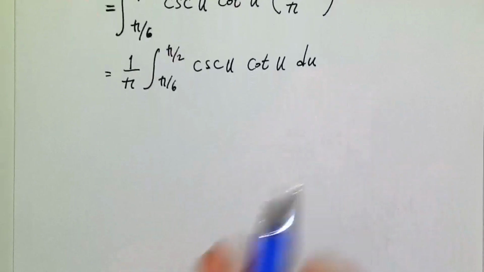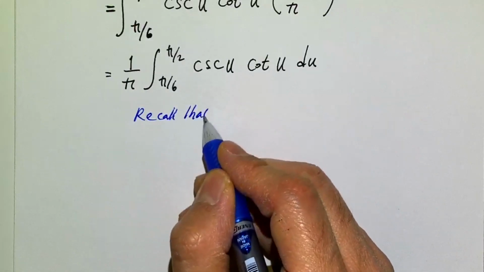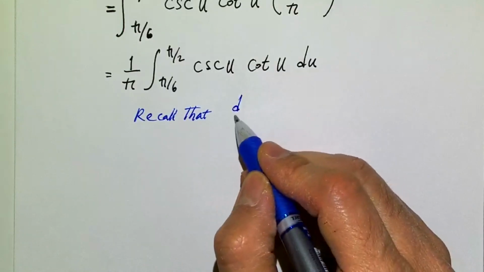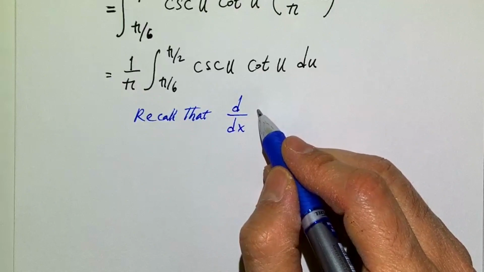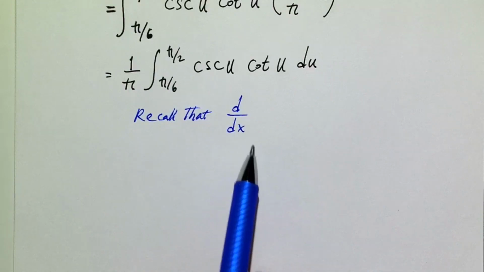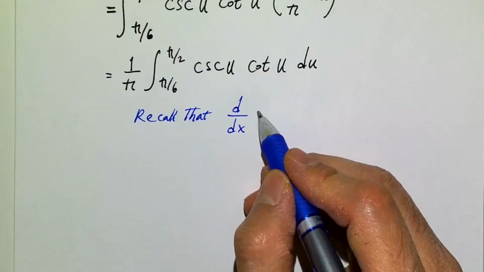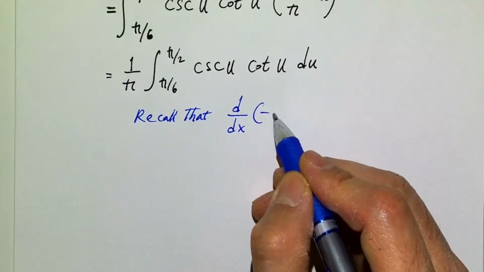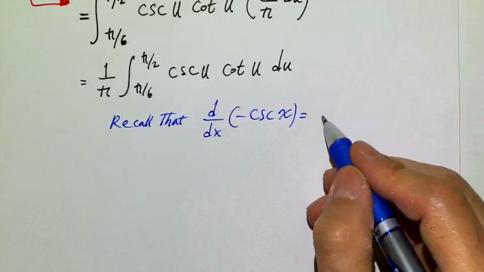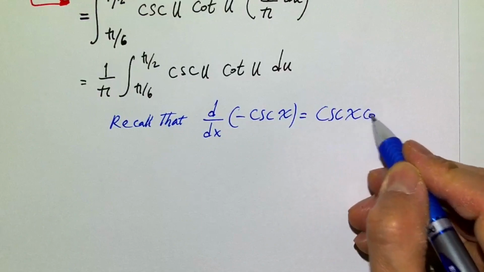Recall that the derivative of minus cosecant x is cosecant x cotangent x.